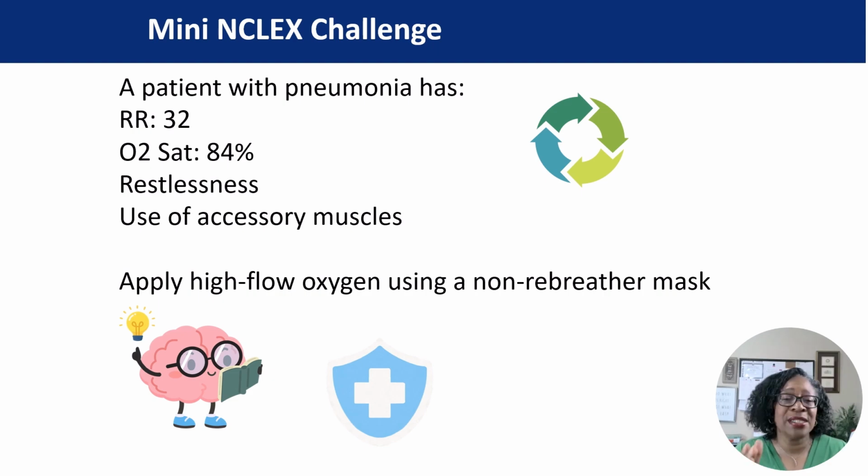That oxygen saturation is 84%. Remember, pneumonia is an oxygenation problem. So they're going to need that high flow oxygen with a non-rebreather mask. Why? Because this patient is showing severe signs of hypoxia and rapid oxygen delivery is necessary. Pneumonia is an oxygenation problem.